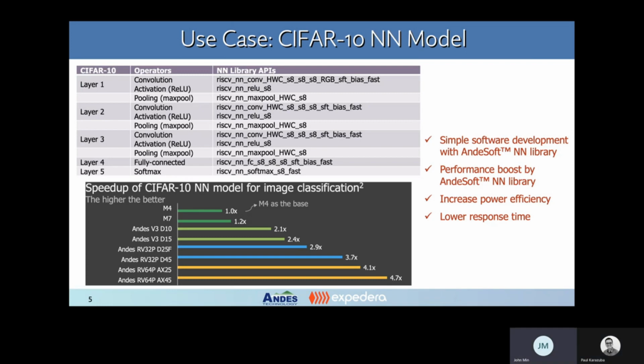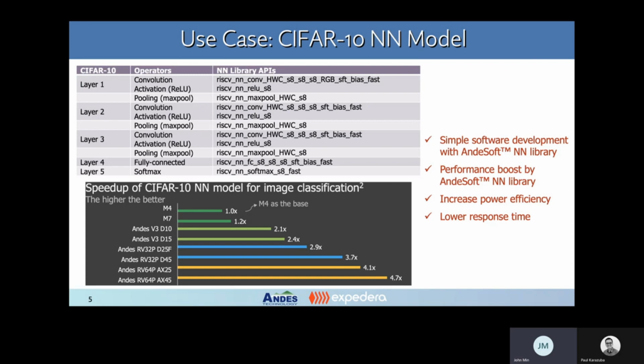When we use the DSP, using 64 DSP and AX45, we could accelerate the performance about 5 times over a standard processor that is used today. What does that mean? We could finish 5 times faster, giving 5 times better frame rate, or we could finish 5 times faster and go to sleep so we could save power. So we're a CPU, we use software.